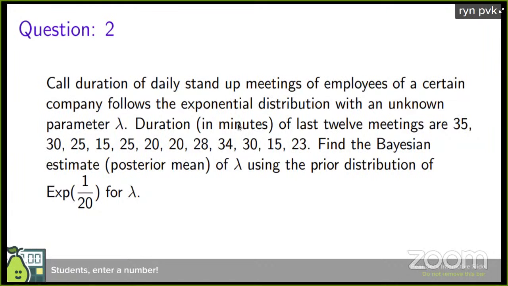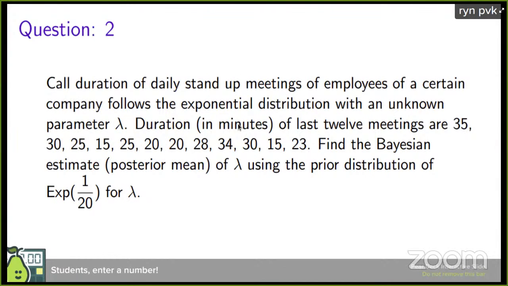Once you find the posterior density, how do you find the posterior mean? If it is a gamma distribution, then what is my posterior mean? Alpha by beta. If my posterior density is a beta distribution, then what is my mean? Alpha divided by alpha plus beta. If my posterior density is Bernoulli, then what is my posterior mean? N times P.